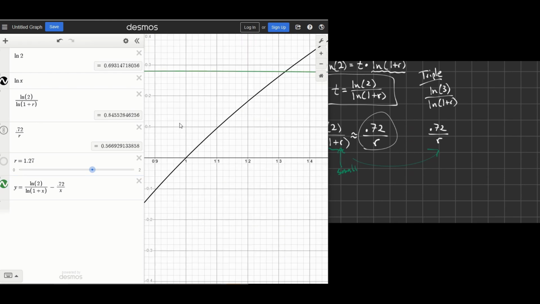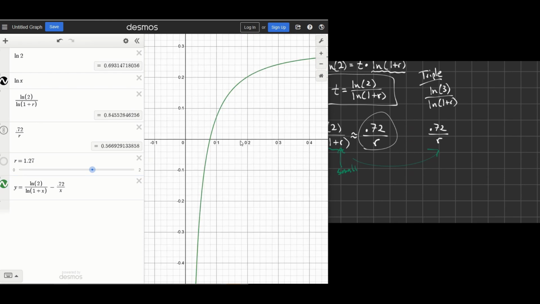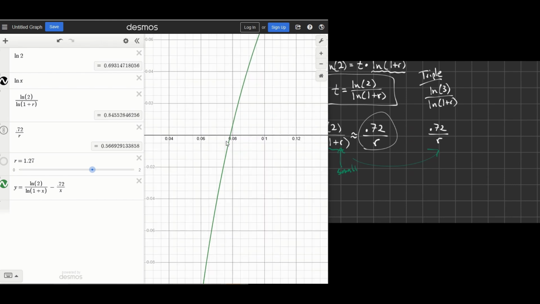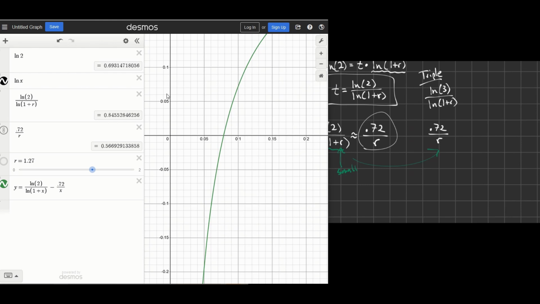This is going to be the green line here. Again, the x value, or horizontal value, is the return rate, and the y value, or vertical value, is the difference between the rule of 72 estimate and the actual amount of time it takes to double.